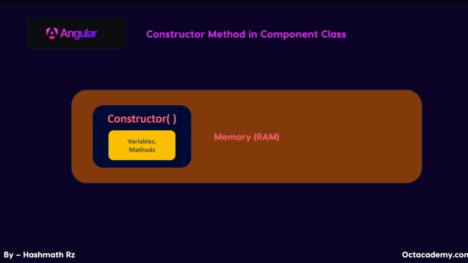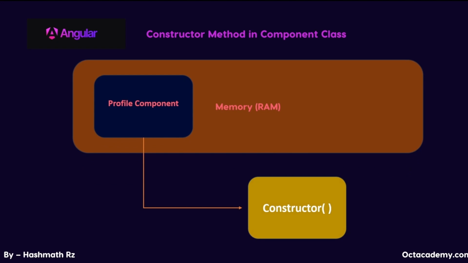So if we take our profile component, when we run this, first this profile component class will allocate a memory space for this or create an instance of this component class inside our PC RAM. After that, the constructor method will trigger immediately after this allocation of the memory space.